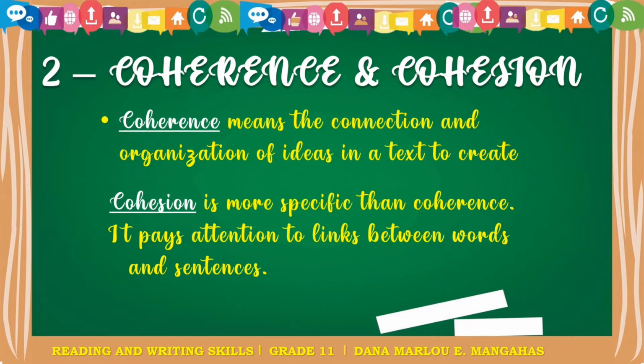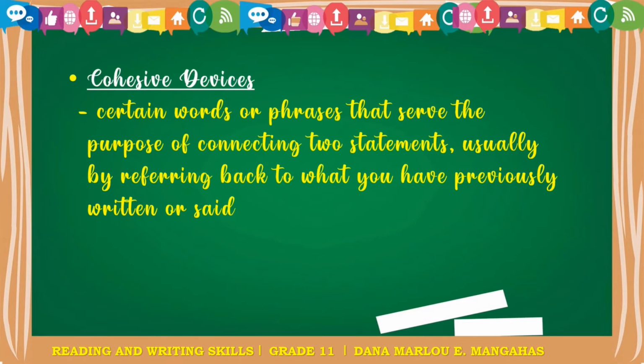It pays attention to links between words and sentences. To achieve good cohesion, you need to know how to use cohesive devices, certain words or phrases that serve the purpose of connecting two statements, usually by referring back to what you have previously written or said.